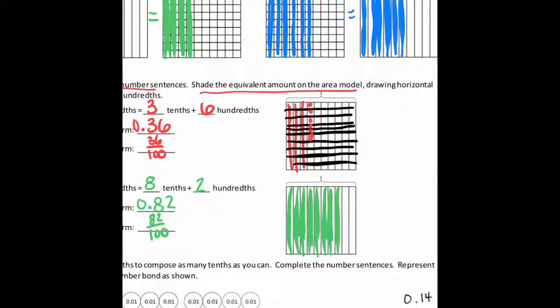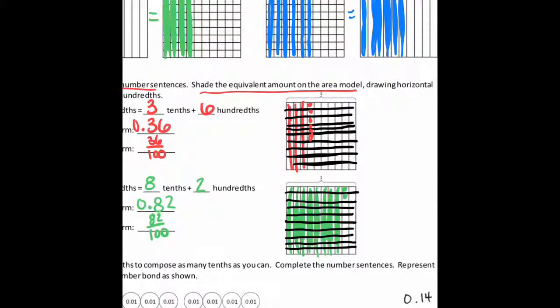And then if I wanted to do the 2 hundredths, I'm going to have to split it into hundredths. So I'm going to do 10 horizontally. I normally split it in half and then split each half into fifths. Just makes it easier for me. Then I'm going to color in 2 more hundredths.